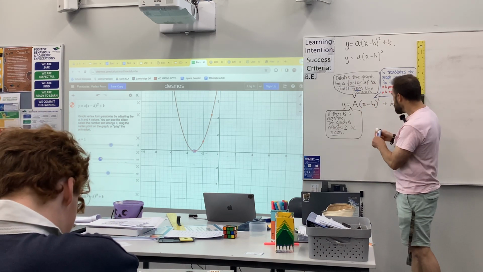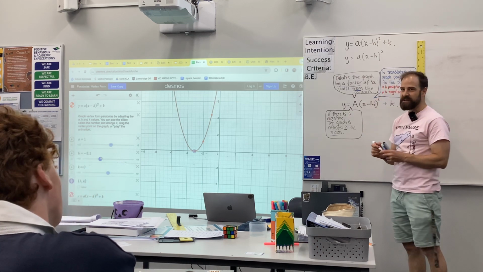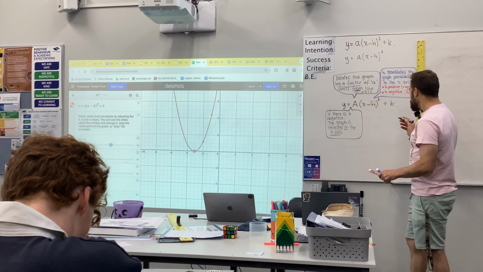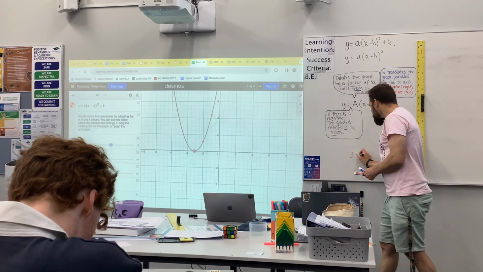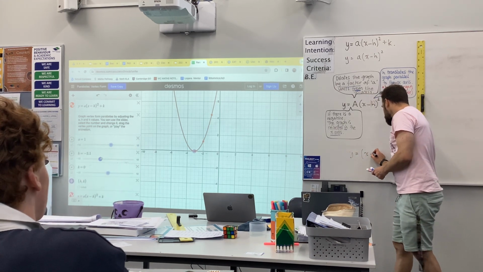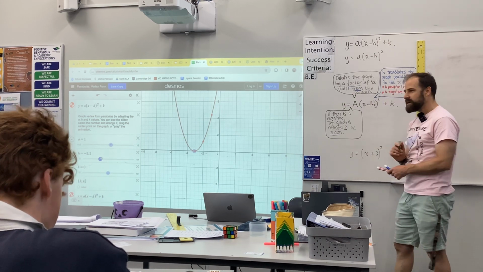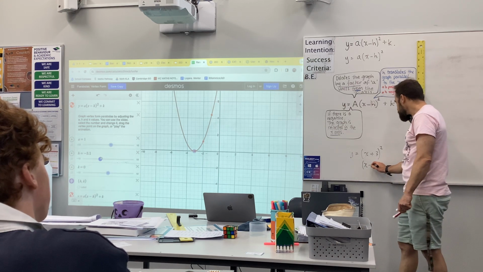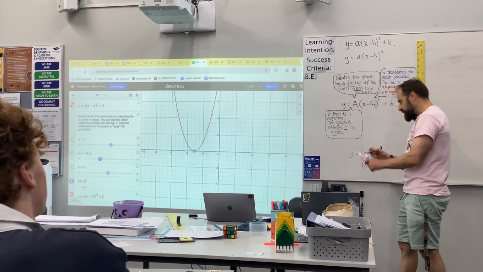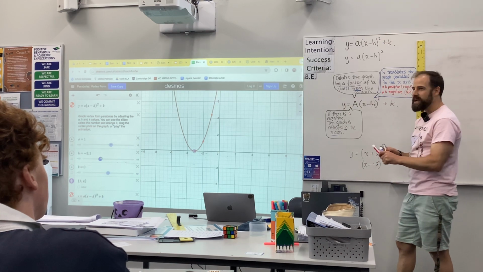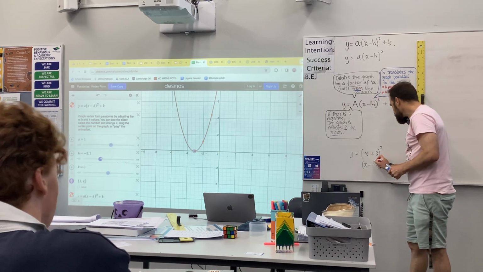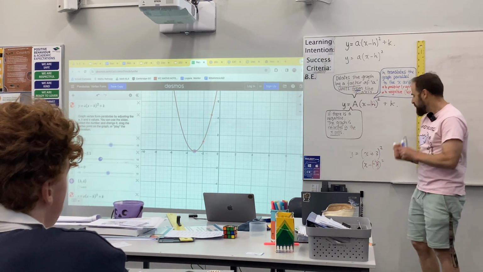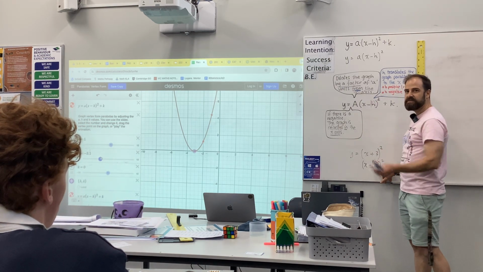But the h value is what comes after the negative. So if my rule was y equals x plus 3 squared, then my h value is what comes after the negative. So I actually put 2 negatives in there to make it fit my vertex formula. And then that value there is my h. h would be -3. That graph would go to the left.